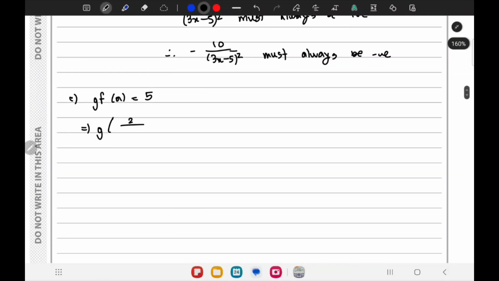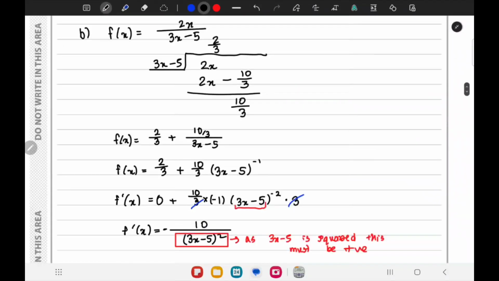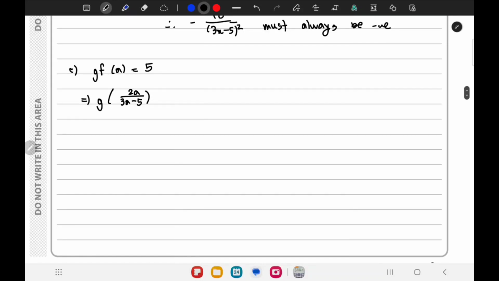So we'll have 2a divided by 3a minus 5, and g of x is 3 plus 2 ln x. So 3 plus 2 ln of 2a by 3a minus 5 will be 5.